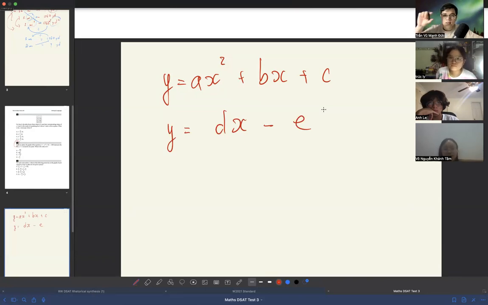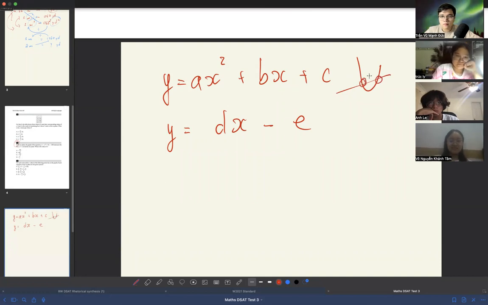For example, if this one has this shape and this one has this shape, how can I find these 2 points? How can I do it? No one knows.